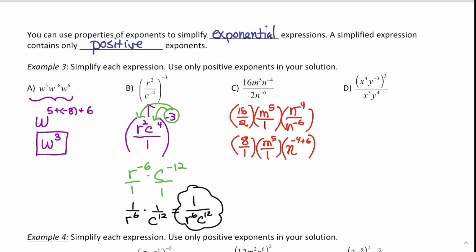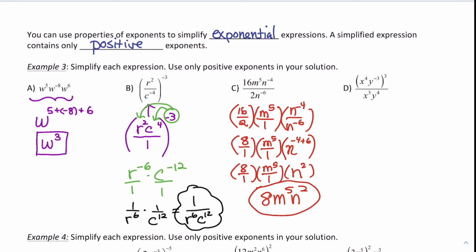So that would be negative 4 plus 6. And that's going to simplify to n to the 2nd power. Okay, so we have all of this stuff going on next to it, multiplied with it. And then if we put it all together, we get 8m to the 5th, n squared, and then we can drop that 1 on the bottom there, and that is our final answer for that problem.